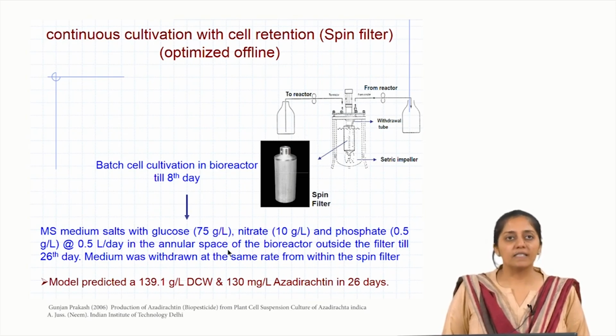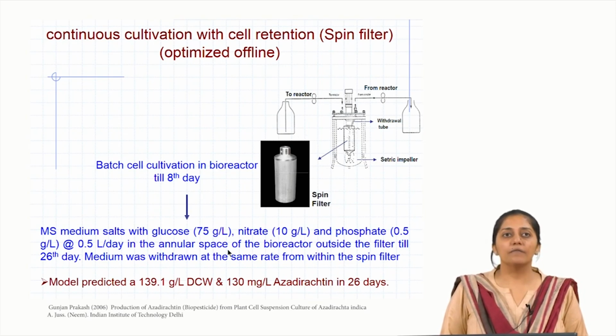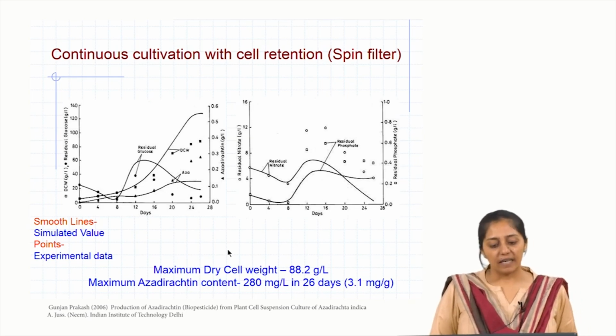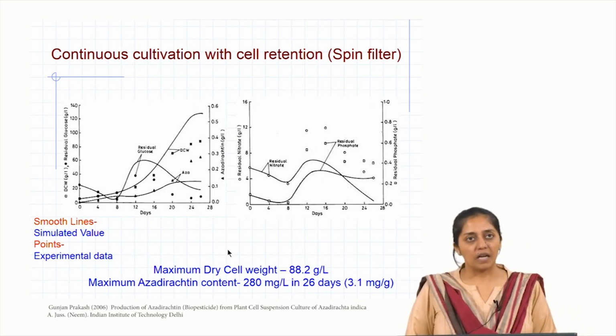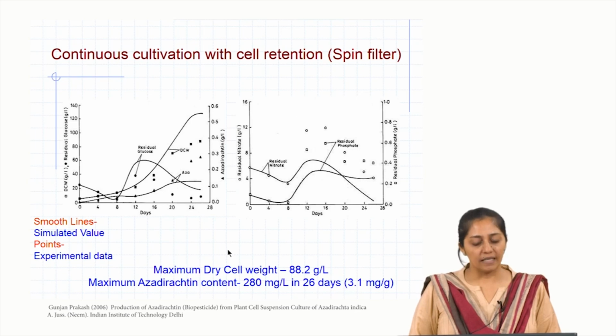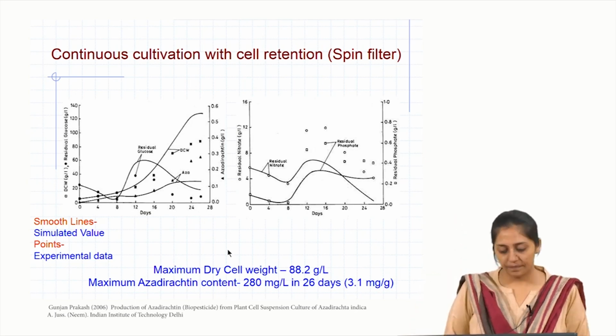The model in this case predicted nearly 140 grams per liter of biomass and 130 milligrams per liter of azadirachtin in 26 days. If you see the plots, you can clearly see that as the feeding was done in the continuous reactor with cell retention, it led to a continuous increase in the biomass and also in the azadirachtin productivity.